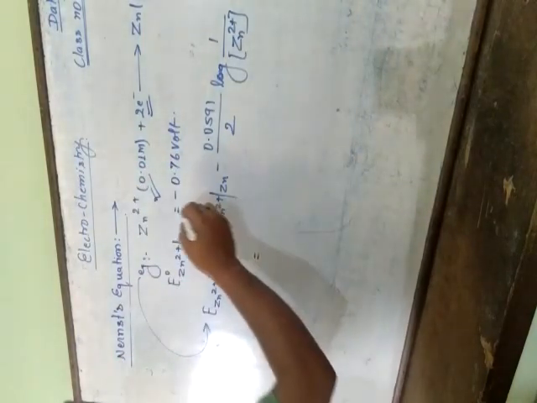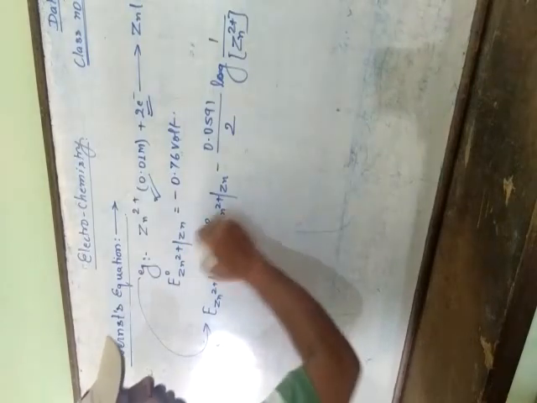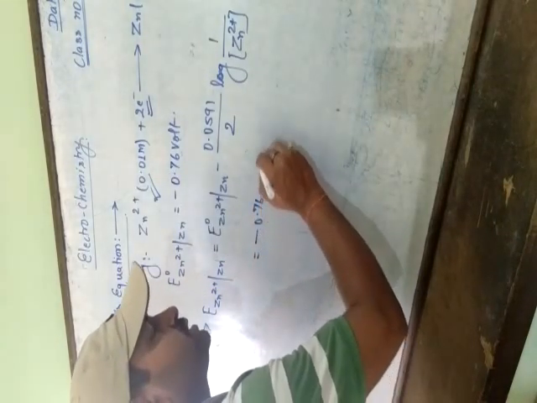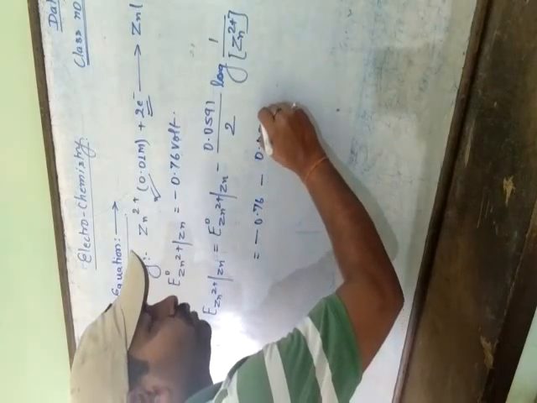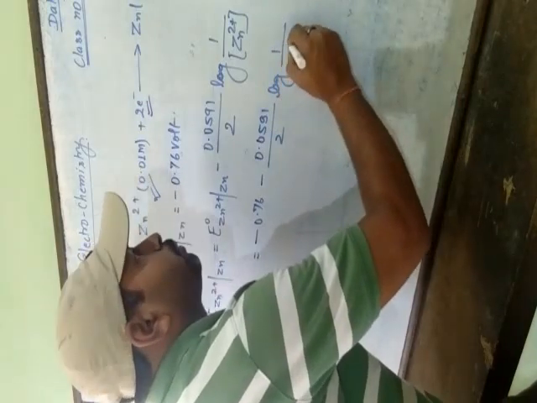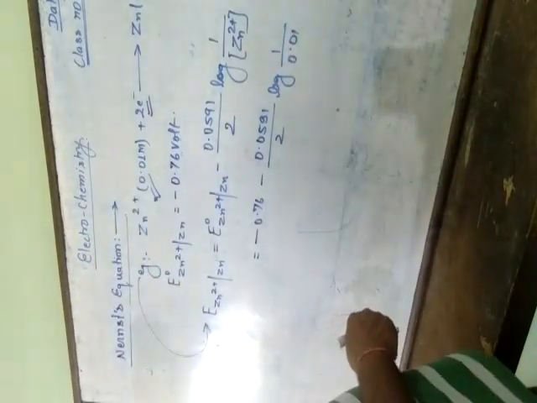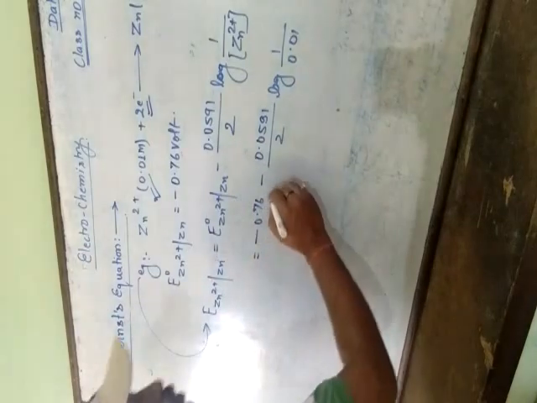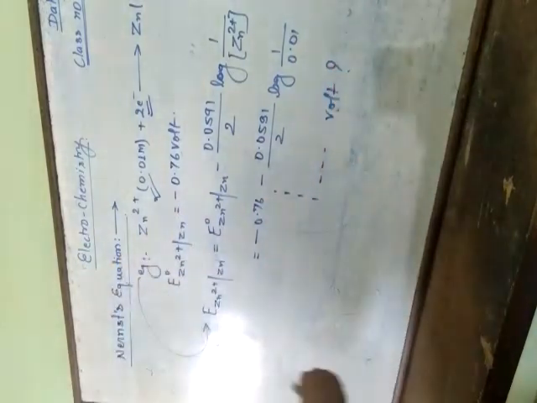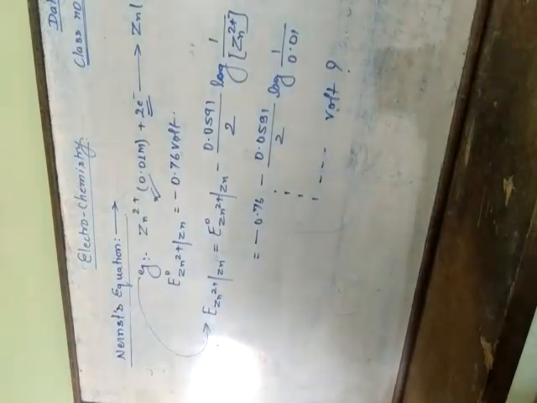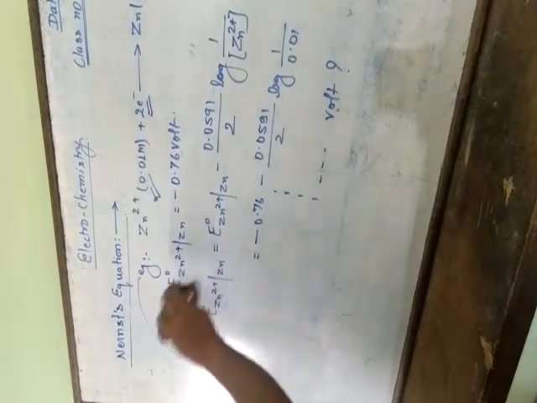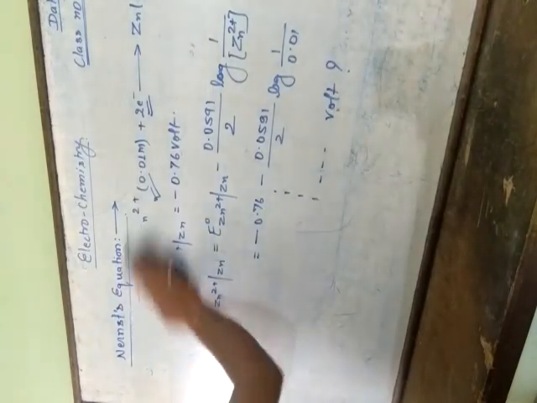The concentration of Zn2+ is given, so putting in all these values, that is minus 0.76 minus 0.0591 by 2 log 1 by 0.01, and we solve to find the value in volts. And students, we take a second example, which is SHE.